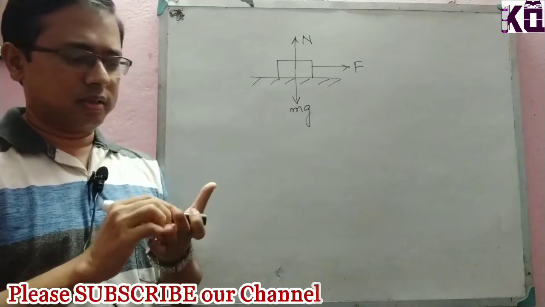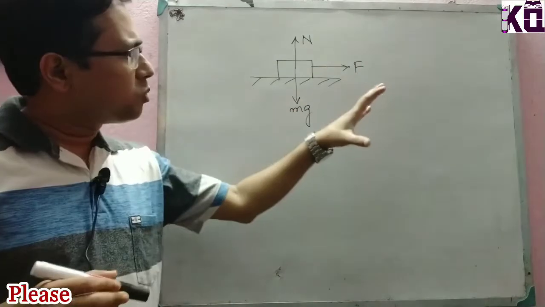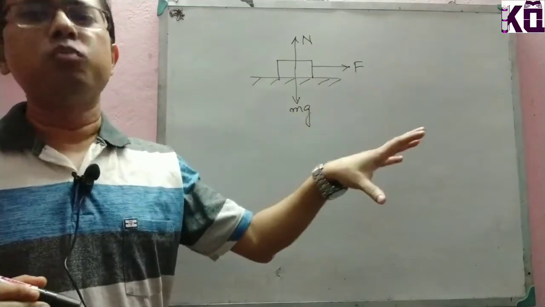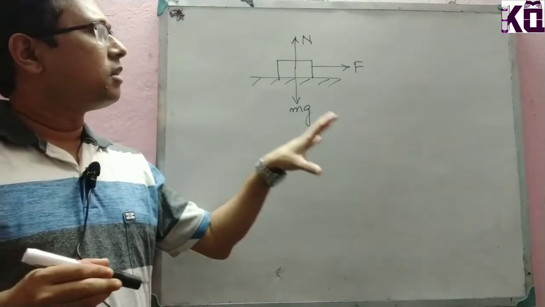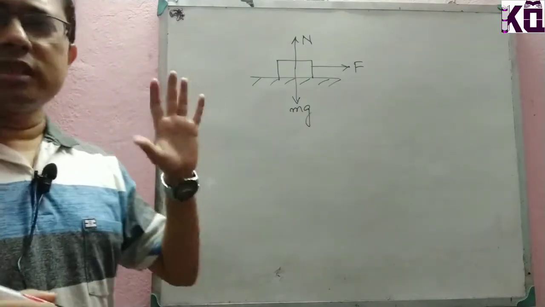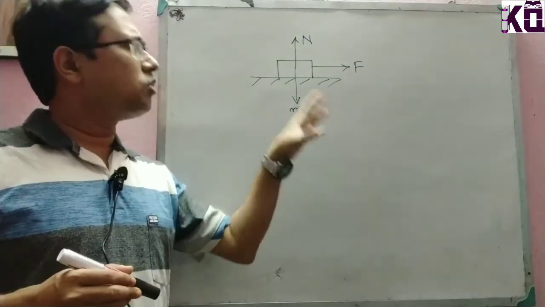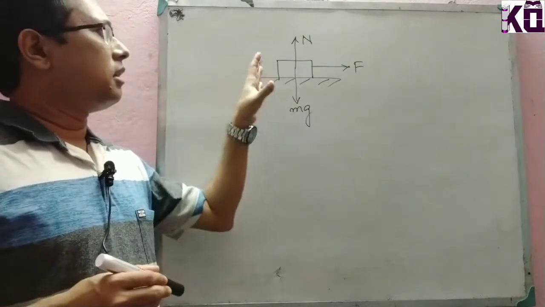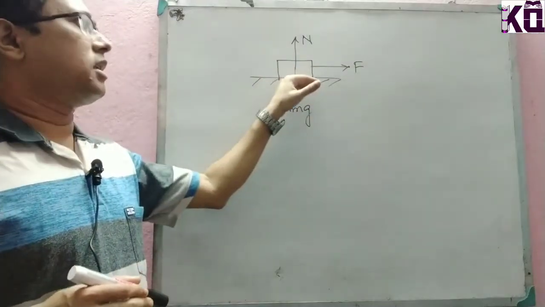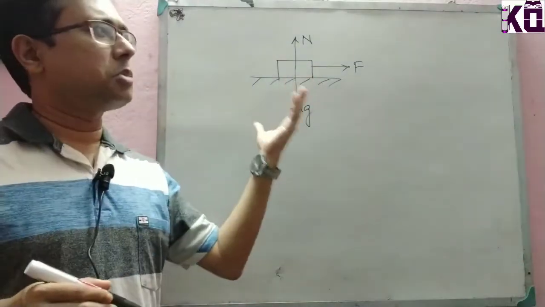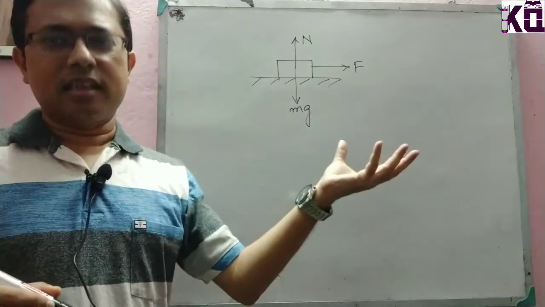But there are two conditions. One is that the body tries to move but cannot move in that direction. How long will it not move? Up to the limit, this particular surface tries to keep it in a static condition.